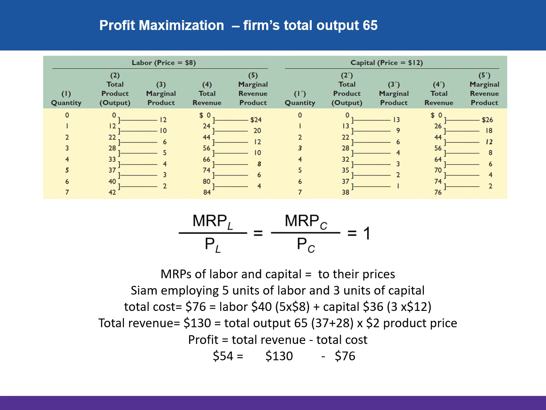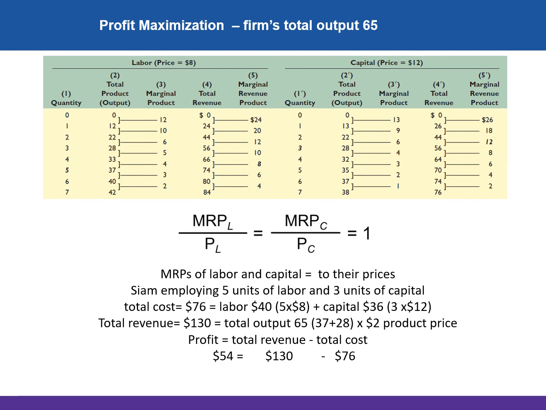Okay, well, what will be the firm's total revenue and total cost, and therefore profit at this level of labor inputs and capital inputs? All right. Well, we can simply say that total cost is price of labor plus price of capital.